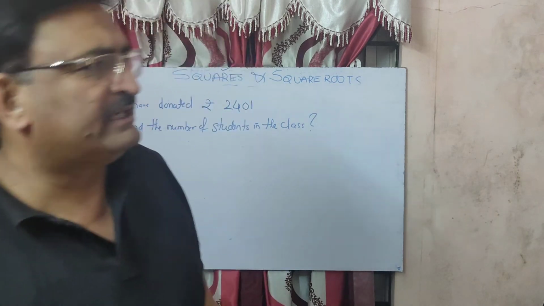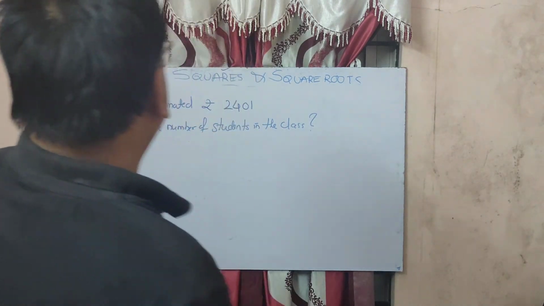So first of all, you need to find out the factors of 2401.